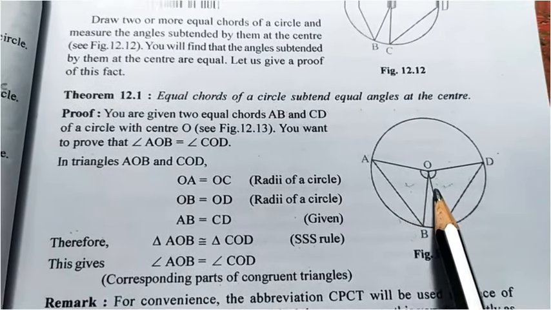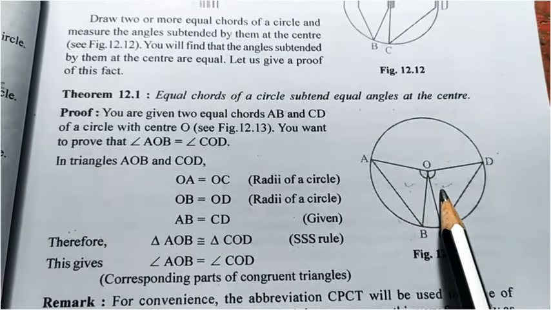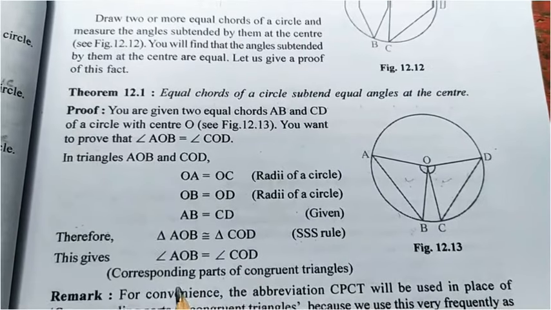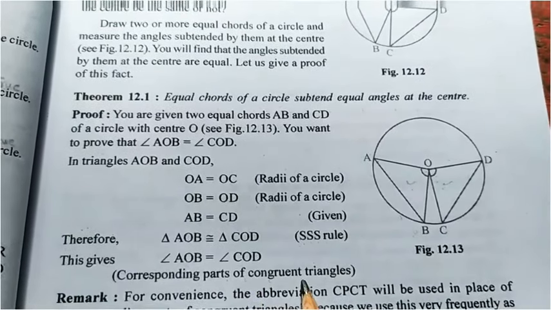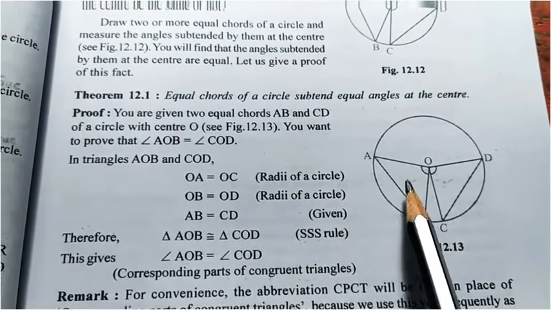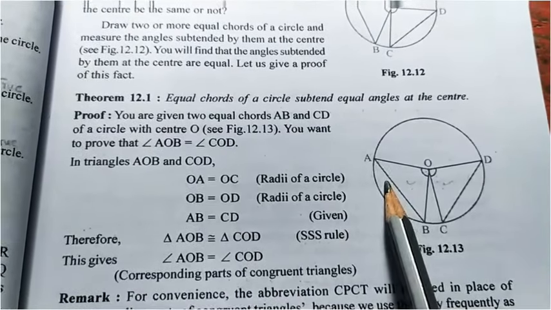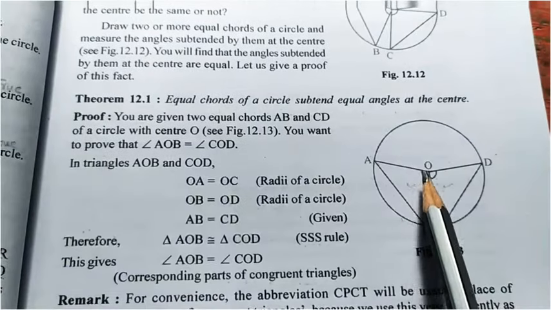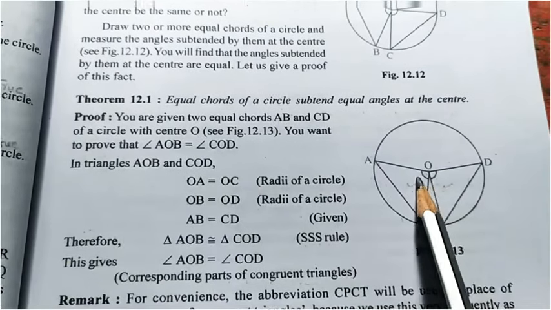If the triangles are congruent, their corresponding angles should be equal. So angle AOB is equal to angle COD, by corresponding parts of congruent triangles, CPCT. So equal chords of the same circle subtend equal angles at the center.